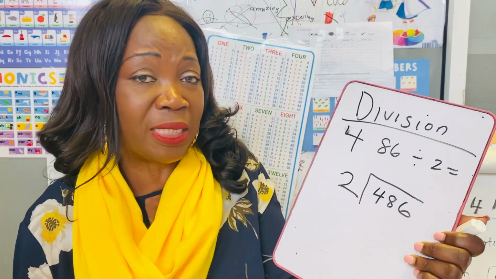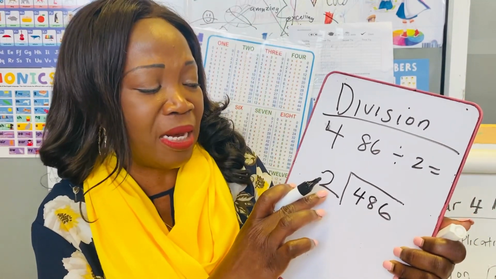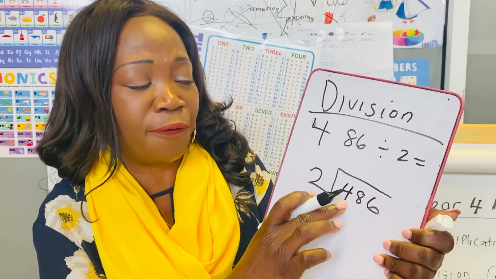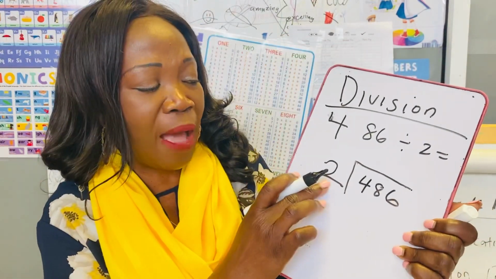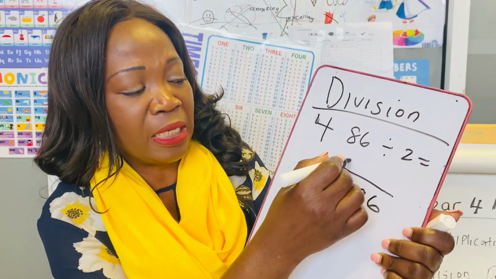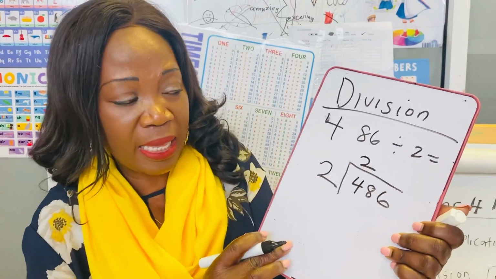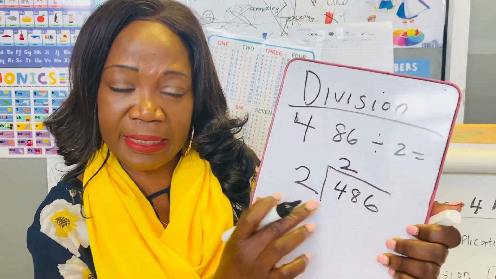So what do we need to do? It's just like any division that you're doing. You need to find out how many lots of 2 goes in the 4. The first number is what we're going to start with. So how many 2s goes into 4? Obviously it's 2 times. Then how many 2s goes in 8?